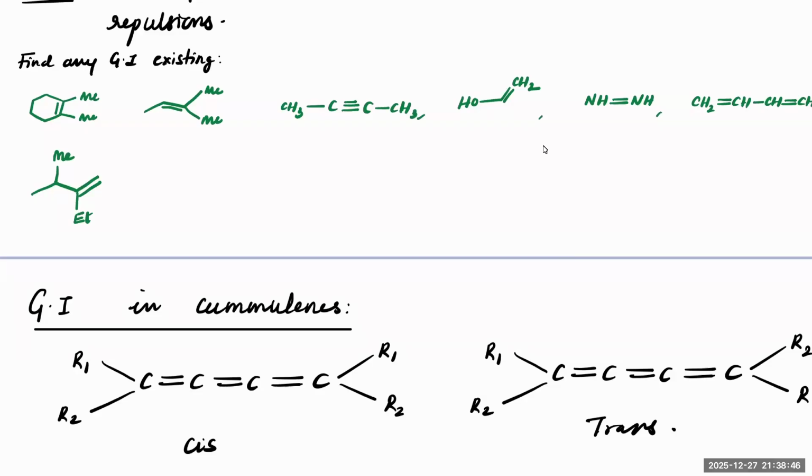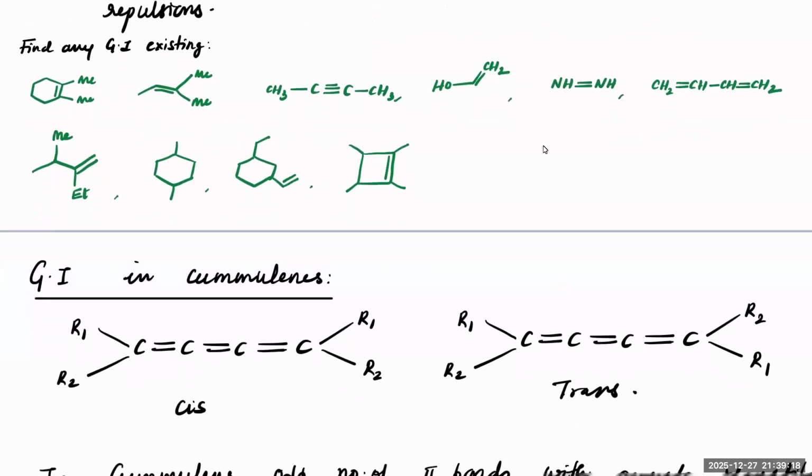In case you have only methyl and methyl here, if you have methyl here and a double bond here, in case you have a methyl and methyl here and a double bond here. Okay, please check these cases. Tell me which of the cases you can find that can have geometrical isomers and which do not have geometrical isomers. Okay, so take a minute's time and solve all of them.